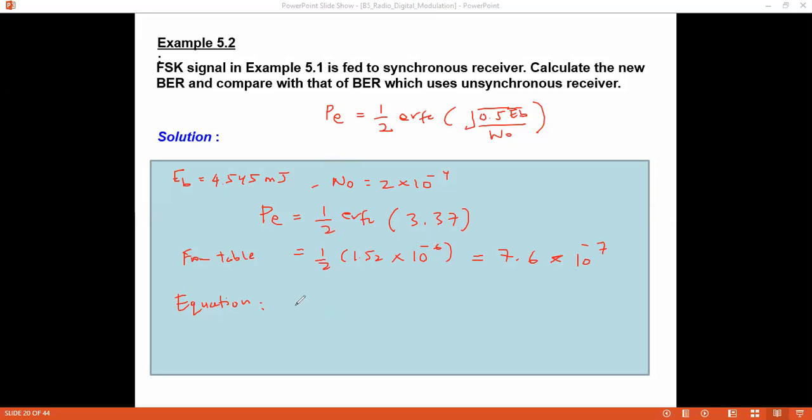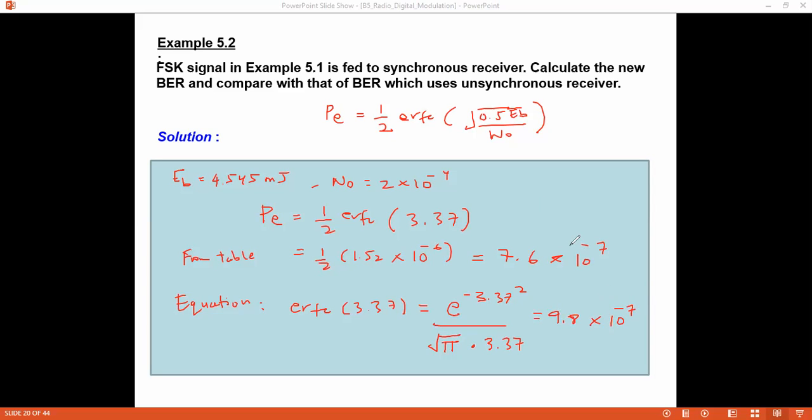Error function 3.37 is equal to exponential minus 3.37 squared, divided by square root of pi times 3.37. If you solve this, you get around 9.8 times 10 to the minus 7.